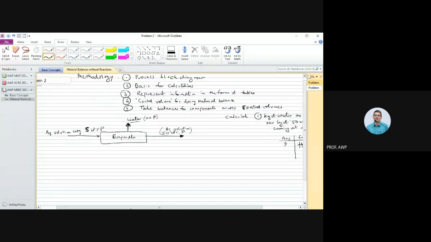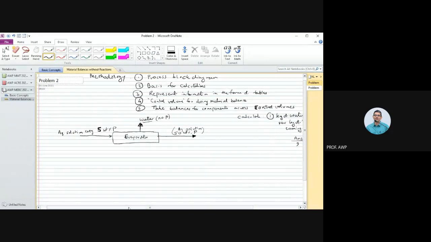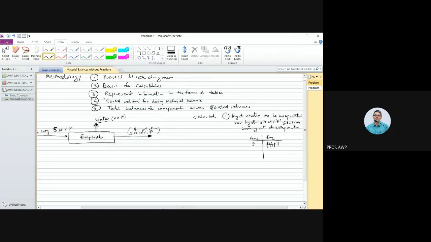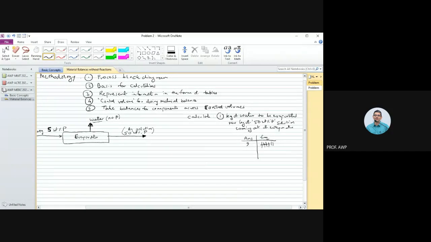Anybody stuck? Anybody wants me to solve and show the solution? We'll give you 3 more minutes. We have 7 answers so far. Who has not answered?